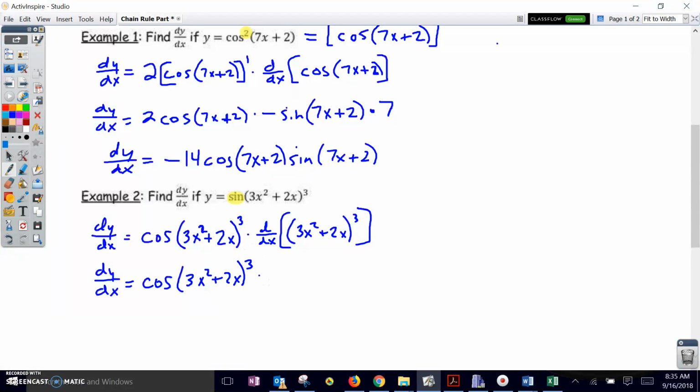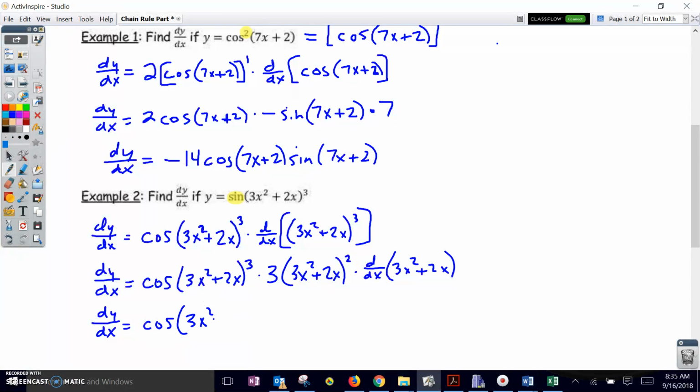And then my derivative of the outside of that is going to be 3 times the quantity 3x squared plus 2x raised to the second times the derivative of the inside, the derivative of 3x squared plus 2x. And so I'll take the derivative of that. And the derivative of that is going to be 6x plus 2.